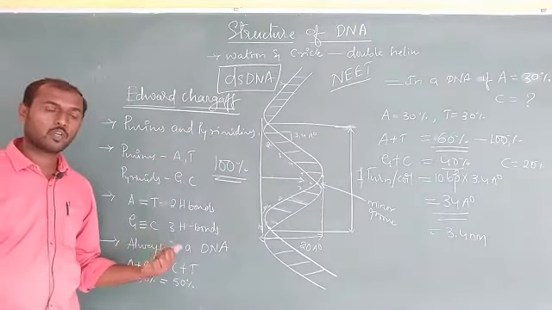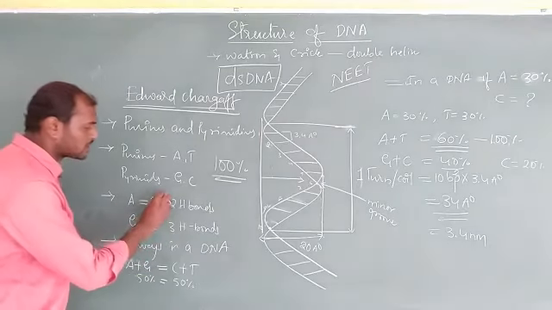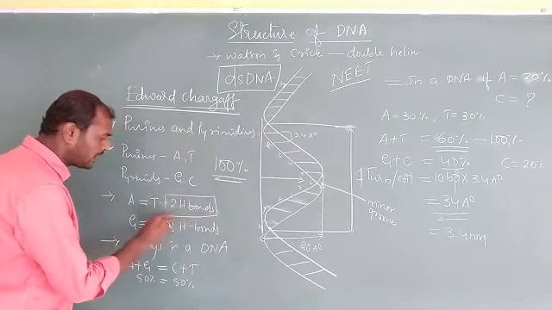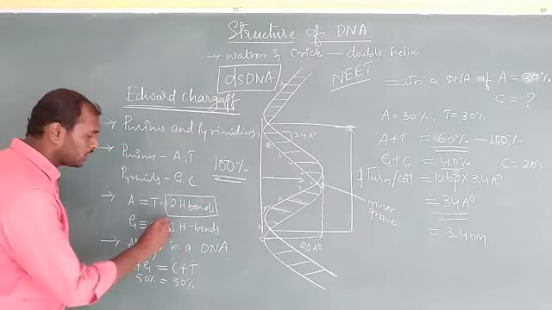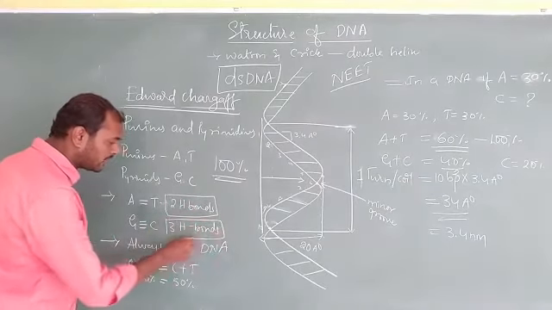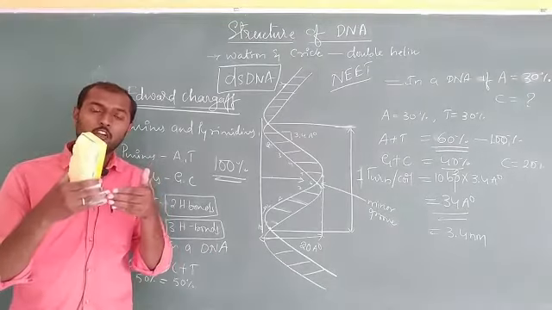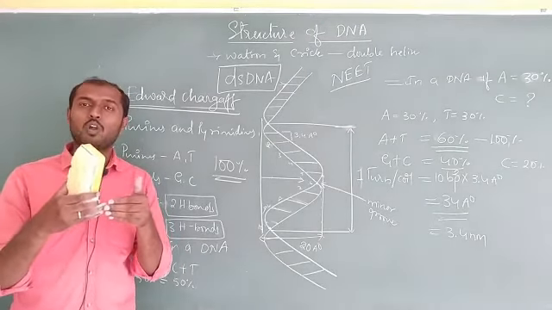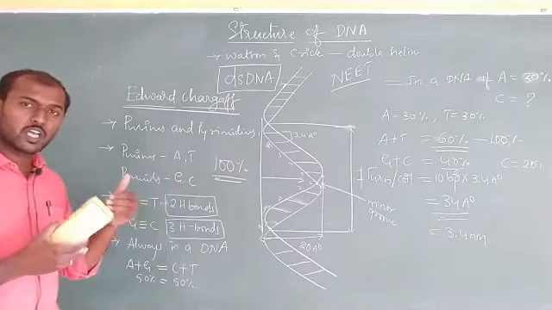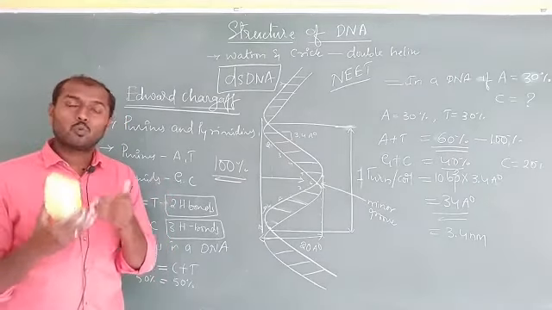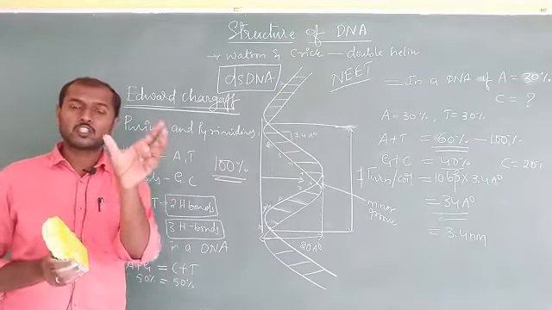So the very interesting thing is that between A and T there are 2 hydrogen bonds, and between G and C there are 3 hydrogen bonds. So if the number of hydrogen bonds between AT and GC varies, why is there not a change in the distance between the two strands?